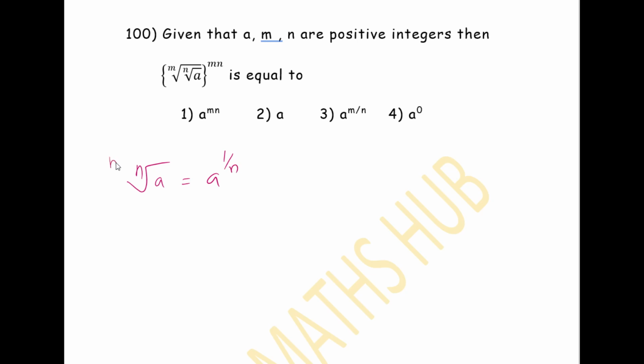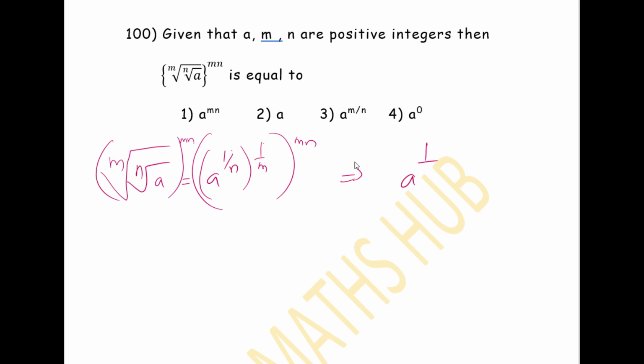Therefore, what we have again is the m-th root, therefore I can write it as 1 by m, whole to the power mn. Now a to the power 1 by m into n is mn into mn. mn will cancel out, we get a to the power 1, which is equal to a. Therefore, the correct answer is option 2, a.